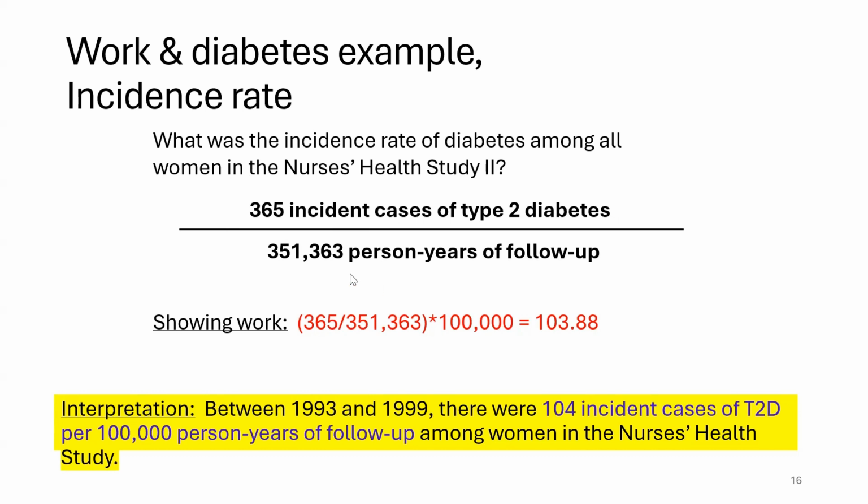So we get 103.88 per 100,000. And we would interpret this as between 1993 and 1999, there were 104 incident cases of type 2 diabetes per 100,000 person years of follow-up among the women who participated in this particular study.